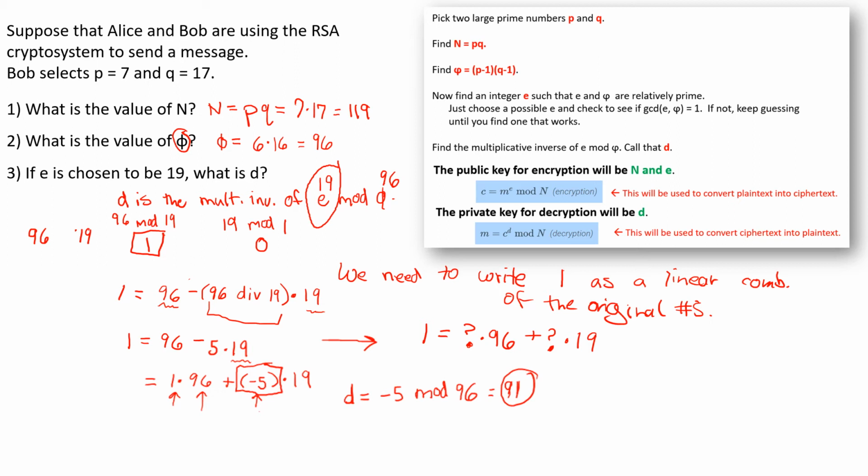So the mod one's always going to be phi. Whatever phi is here, that's going to go right there. So we take the number in front of E and put that there, and then mod phi, put that there, and then find the answer, and we get 91. So for this problem, we've found D. D is equal to 91.